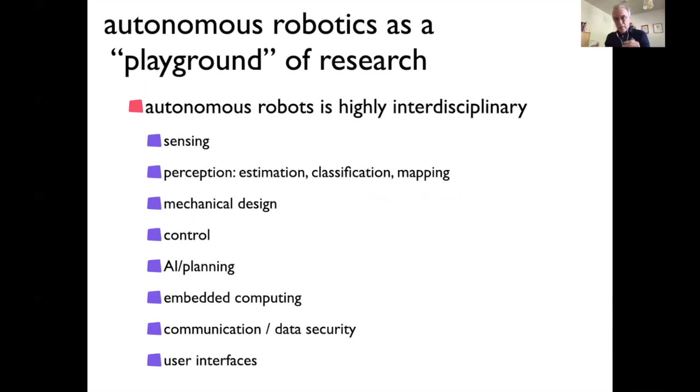The mechanical design, which often is thought of as part of the solution, which can be intelligent, adapted to the task. Control, of course, AI, algorithms of planning, embedded computing, doing all those things on a platform with limited resources. Communication among processes and with the user, data security issues there, user interfaces, human factor issues and so on. So there's a lot of different disciplines that are all integrated on a single platform.